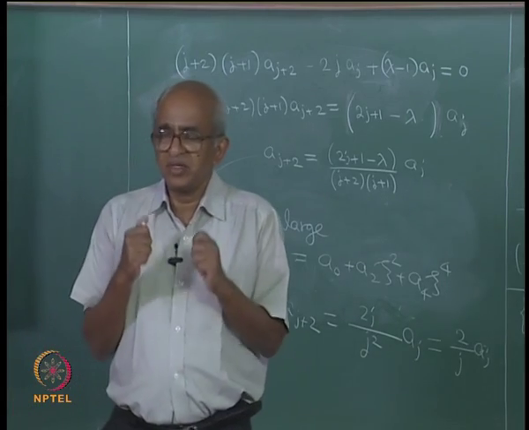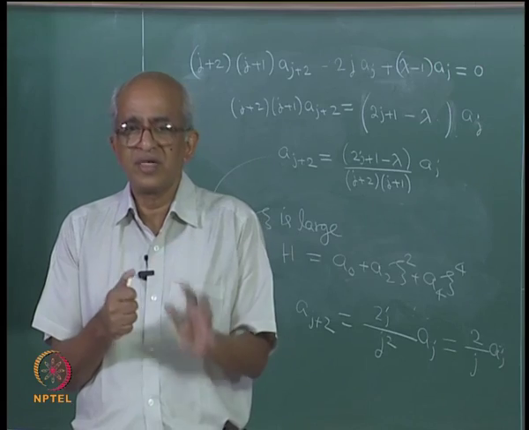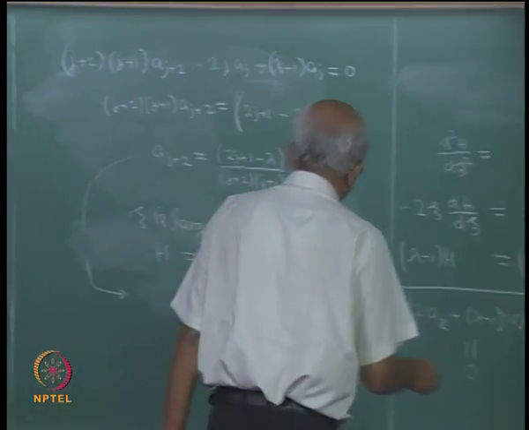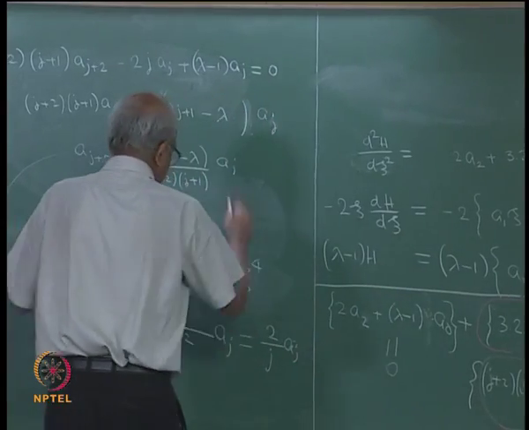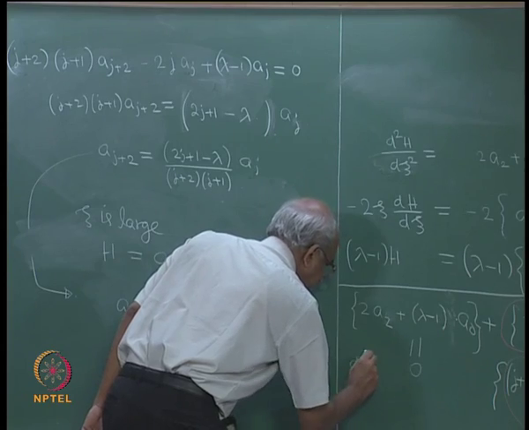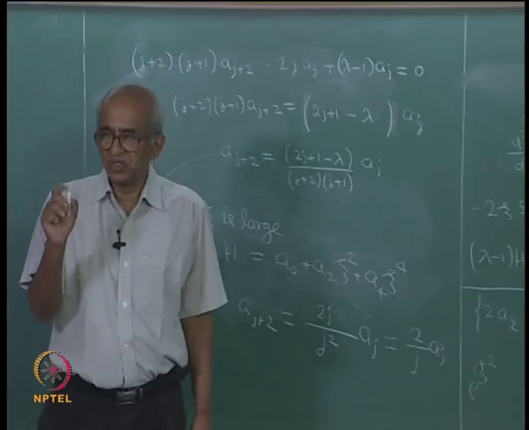Now, what I am going to say is that if a series obeys that kind of recursion relationship, then the function actually will behave like e to the power of plus C square. That is the claim, that is what I am going to claim.